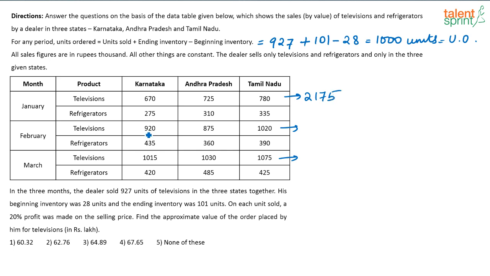Similarly here 920 plus 875 plus 1020, that is nothing but 900 plus 800 plus 1000, correct, or 2700 plus 20 plus 75 plus 20, that is 2815, and this will be 3000 plus 15 plus 30 plus 75, 3120. Add all this, what will you get?